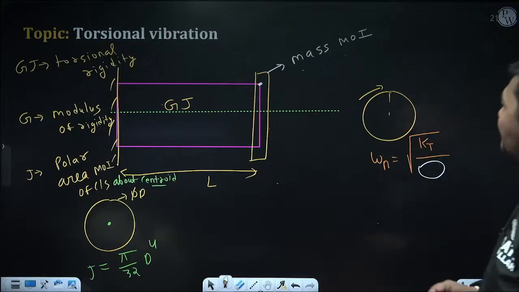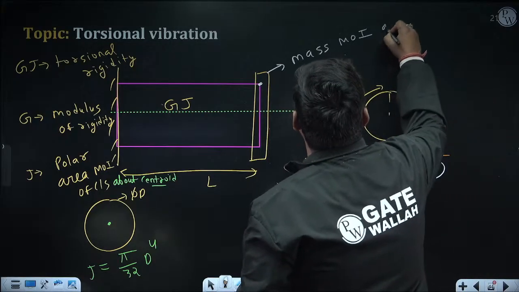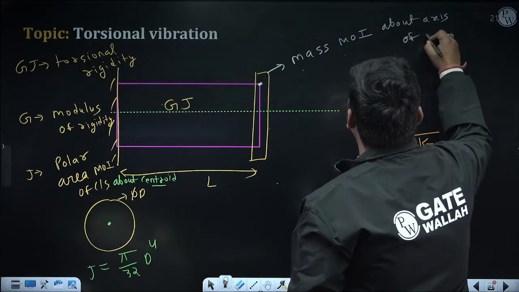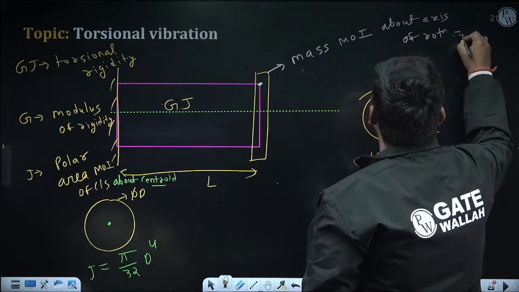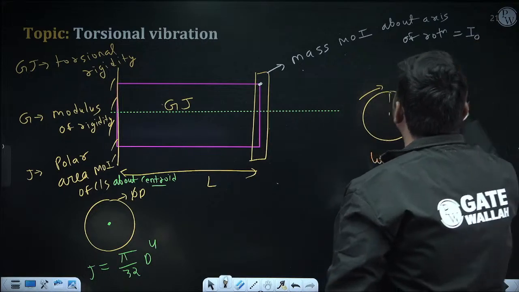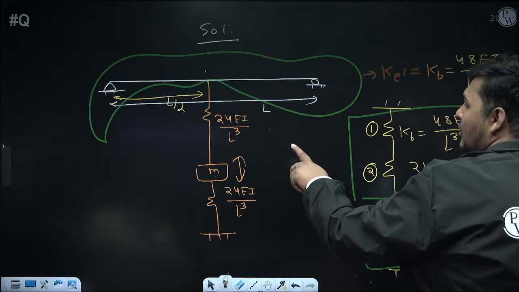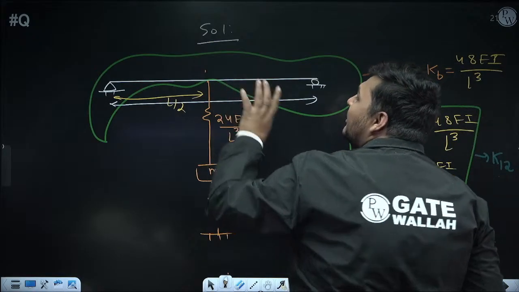So suppose the mass inertia of this rotor about the axis of rotation is I or I naught. But don't think this I is the I which we studied in the bending formula. No, that I was the area moment of inertia about the neutral axis.